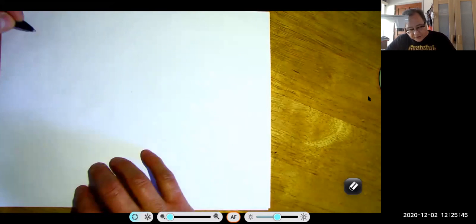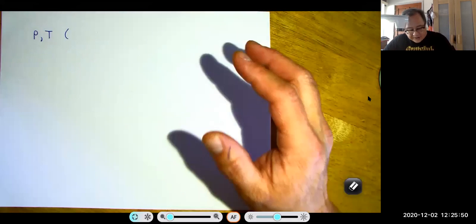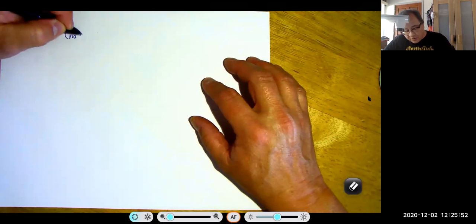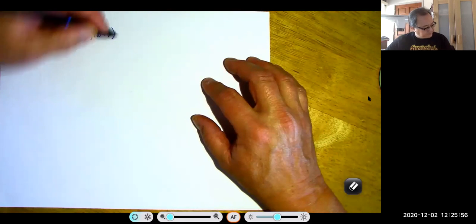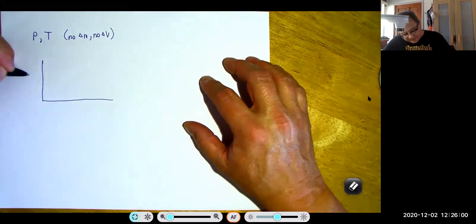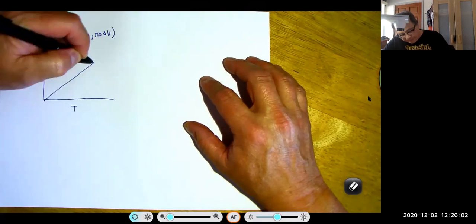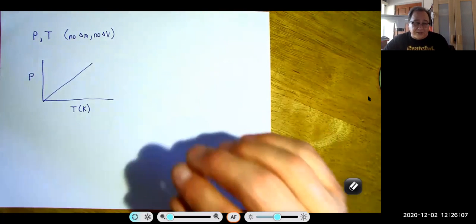Now we're going to take a look at pressure versus temperature. So what is not changing here? Well, there's no change in moles and there's no change in volume. And here's what we find. And here, this is to reaffirm that we're looking at the temperature in Kelvin.